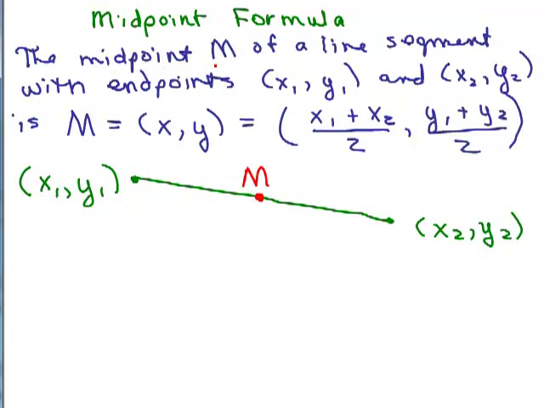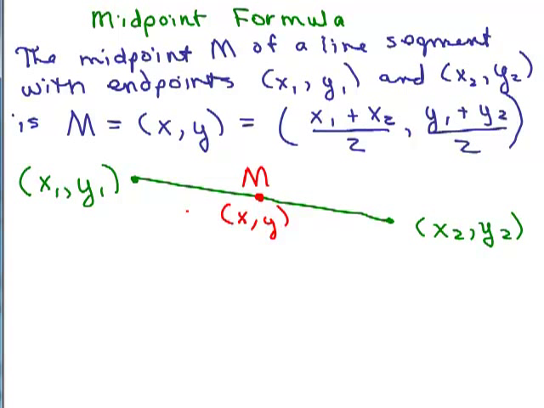So the midpoint, which I'll call M, of a line segment with endpoints x1, y1, and x2, y2. So they're two different ordered pairs. For instance, here's your x1, y1, here's your x2, y2, is this M, which we'll call x, y.